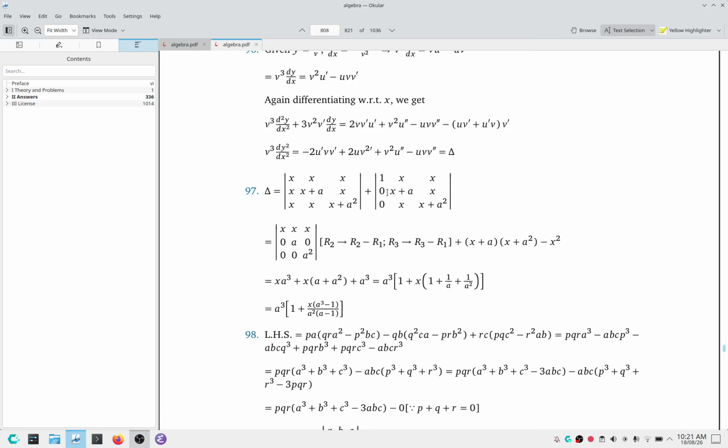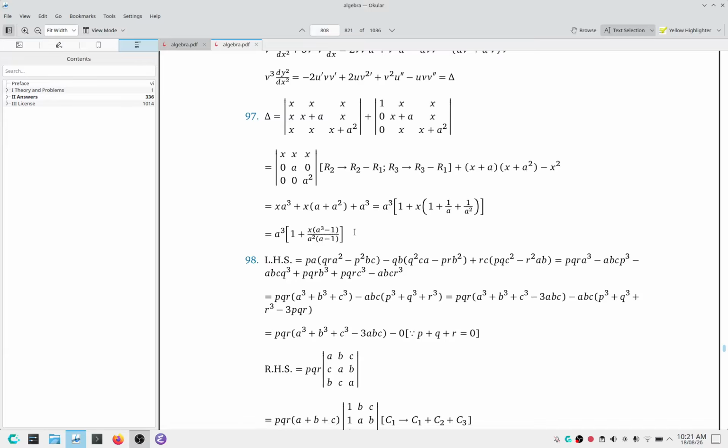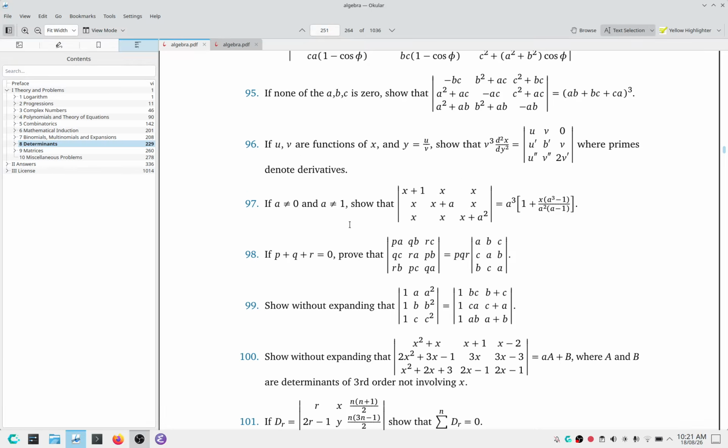So this 1 0 0 comes here, and this remains here. Now we can expand this quickly, because we have two zeros. So for the first determinant, we do R2 = R2 - R1 and R3 = R3 - R1. So we have got this determinant now, and we can expand along the first column. Upon expansion, it can be easily shown that it is indeed equal to the right hand side.